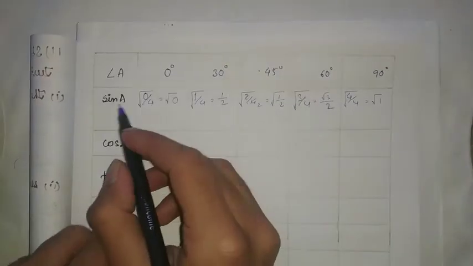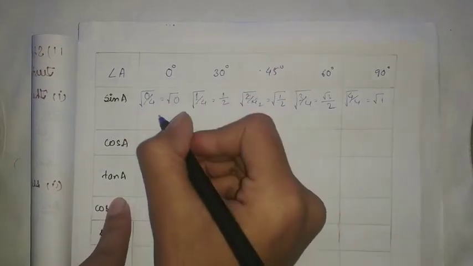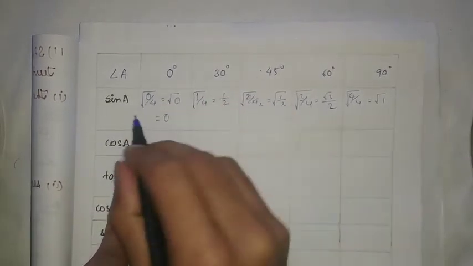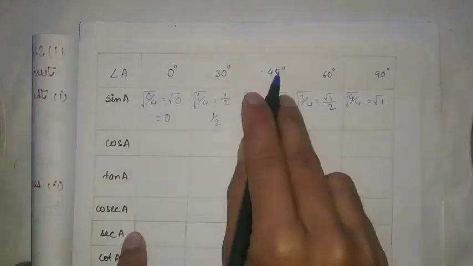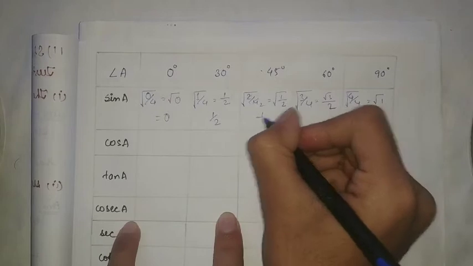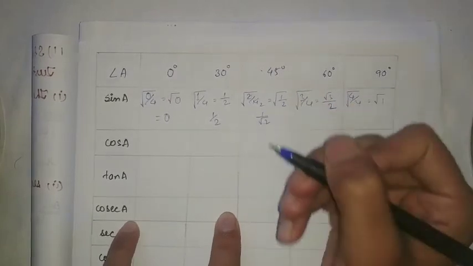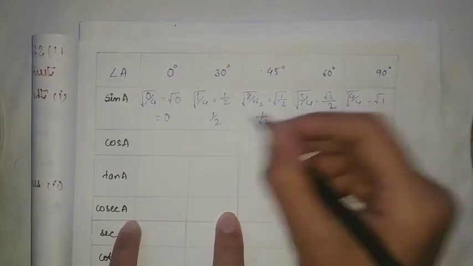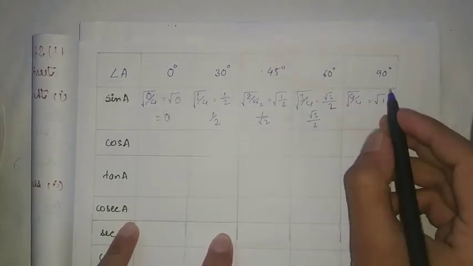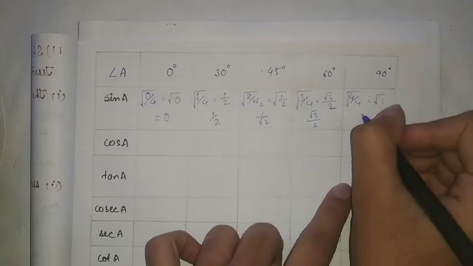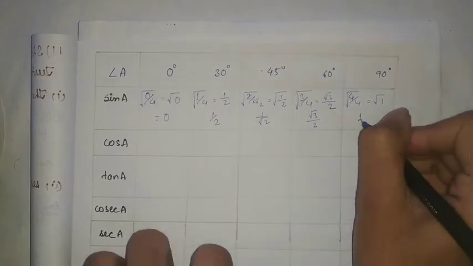So basically the value of sine 0 degree is 0, sine 30 is 1 by 2, sine 45 is 1 by root 2, because root 1 is again 1, sine 60 is root 3 by 2, and sine 90 is 1.